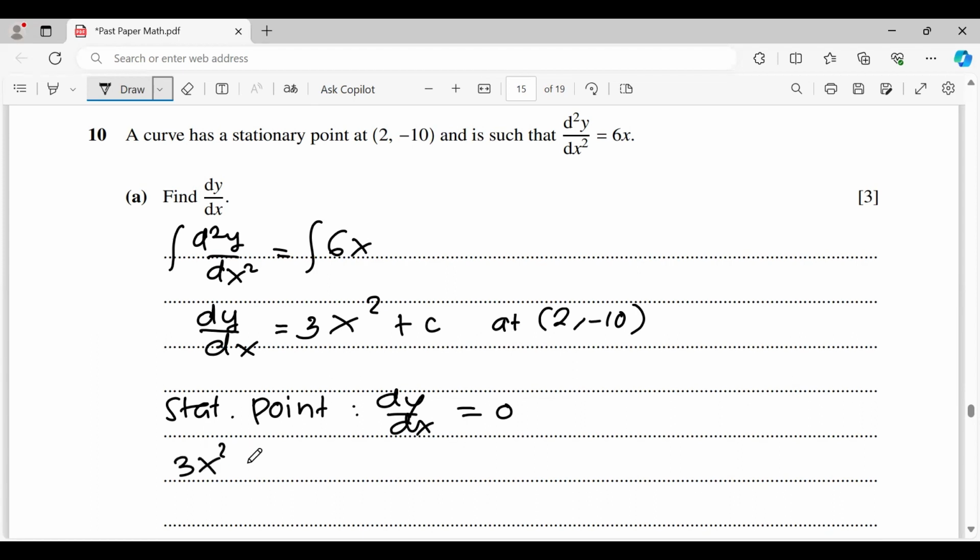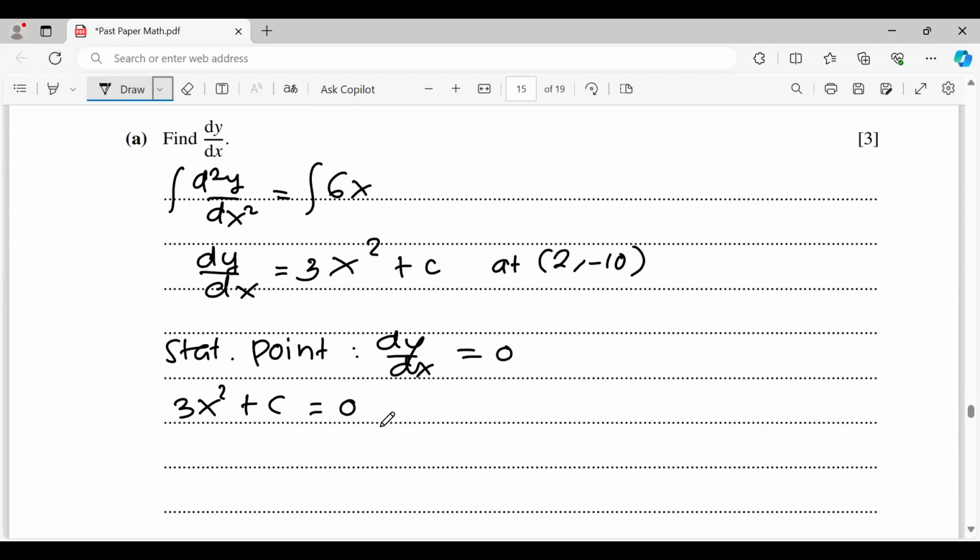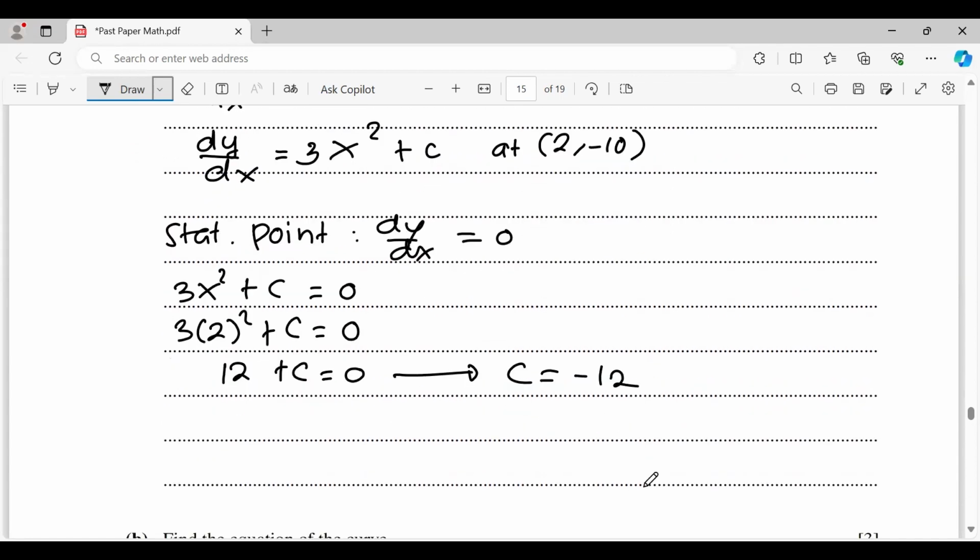So 3x squared plus c equals 0. x equals 2: 3 times 2 squared plus c equals 0. So 12 plus c equals 0. It means c equals minus 12. So dy/dx equals 3x squared minus 12.